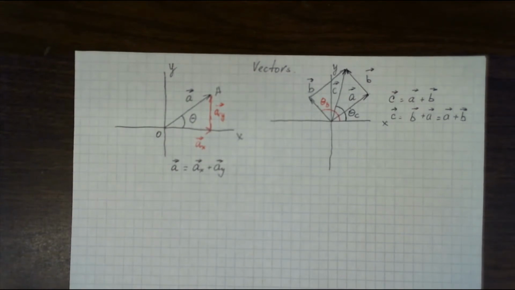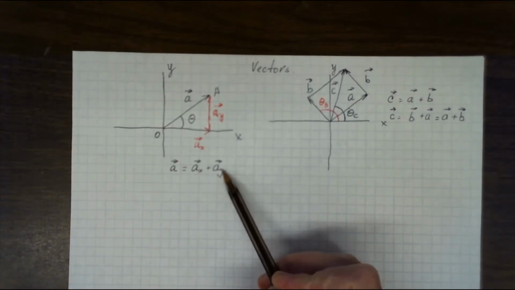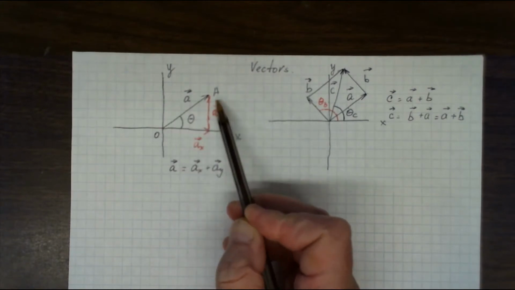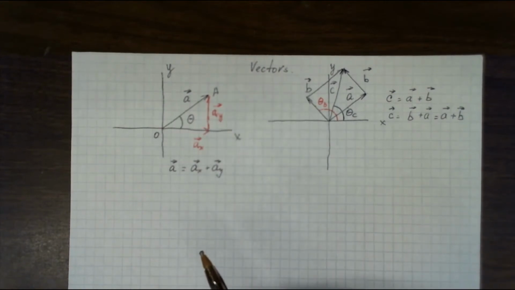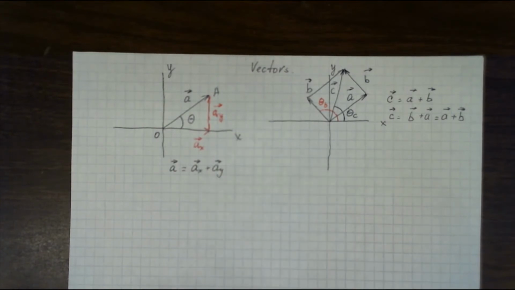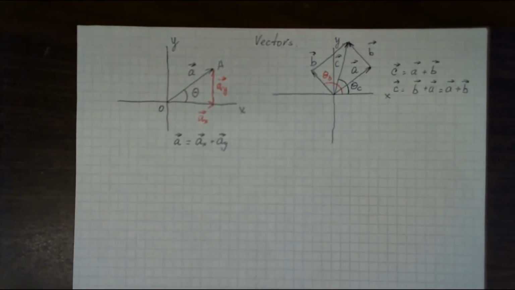Okay, so one more time. A of x and A of y are two vectors which, according to vector addition, can replace vector A. Those are called vector components. Next, we will introduce what are called scalar components.